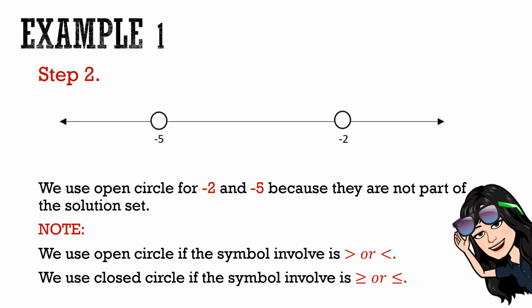Step 2. We use open circle for negative 2 and negative 5 because they are not part of the solution set. Take note, we use open circle if the symbol involves greater than or less than. We use closed circle if the symbol involves greater than or equal to or less than or equal to.